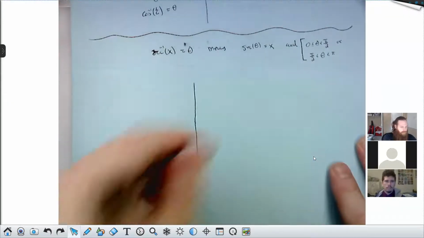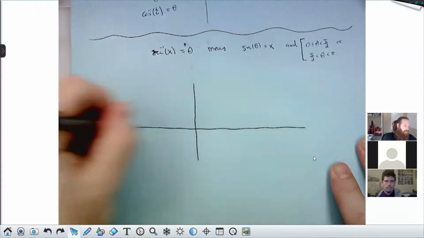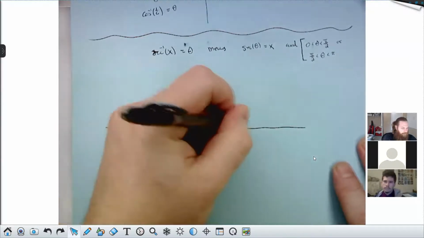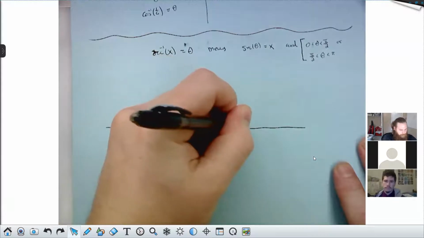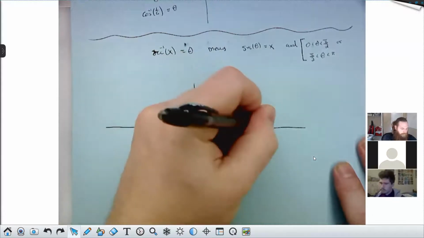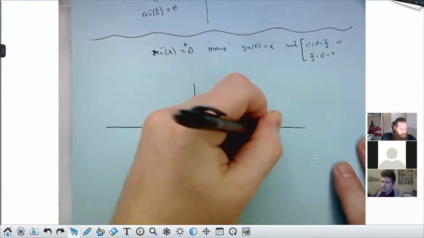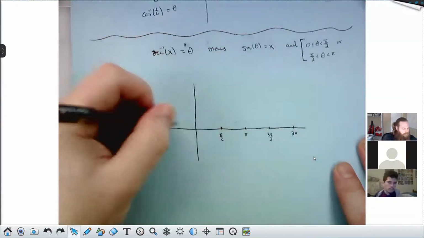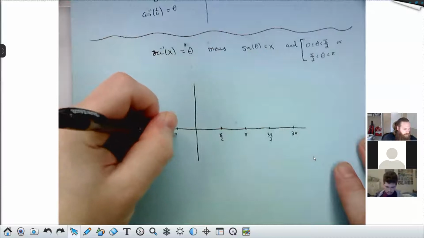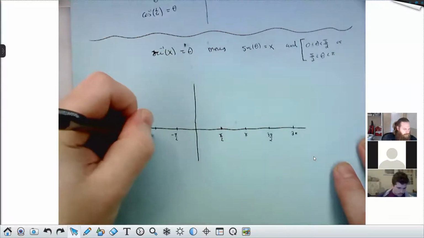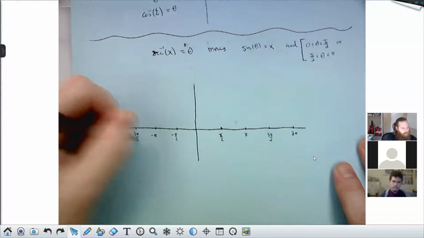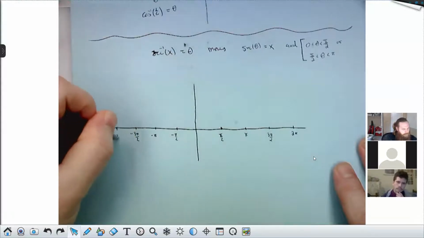If I look at the graph of the secant function, I'll say here's pi over 2, here's pi, here's 3 pi over 2, here's 2 pi, here's negative pi over 2, here's negative pi, negative 3 pi over 2, and negative 2 pi.